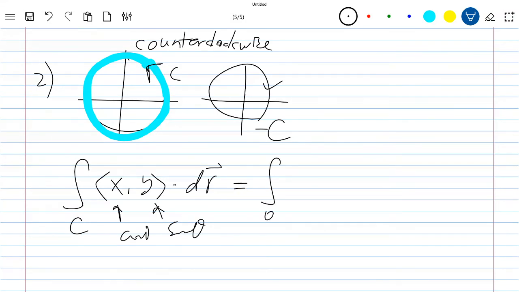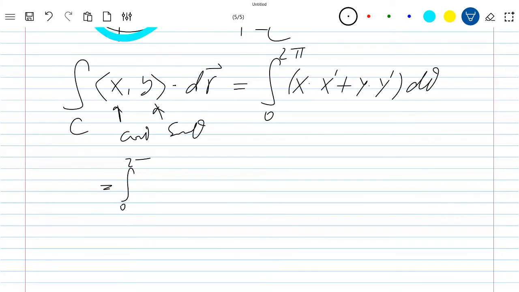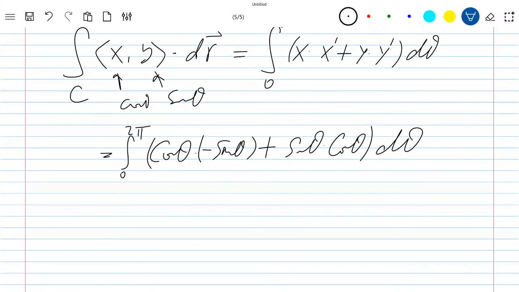So theta goes from 0 to 2 pi, and then this will be x times x prime plus y times y prime d theta. And what is x? x is cosine theta, and x prime is negative sine theta, plus y is sine theta, and y prime is cosine theta. Ooh, do you see what happens? This and that cancel, so the answer is 0. So the integral is 0.